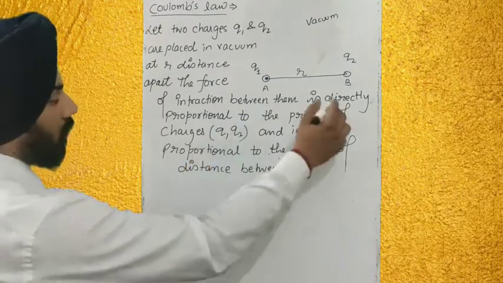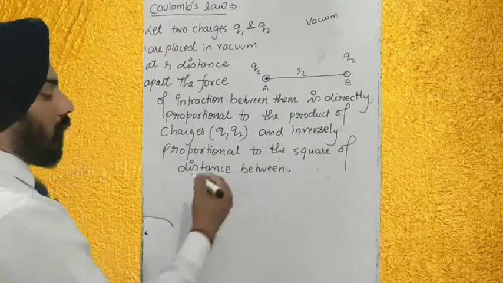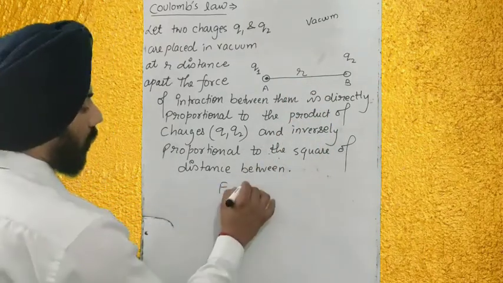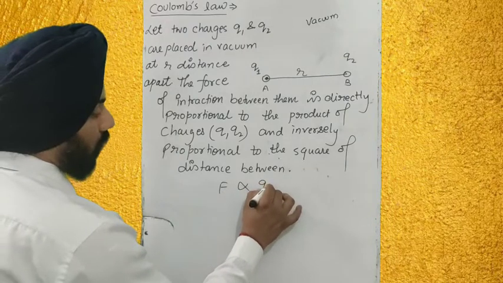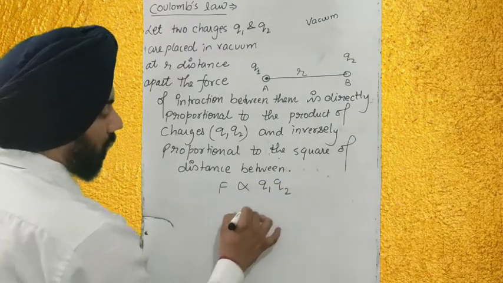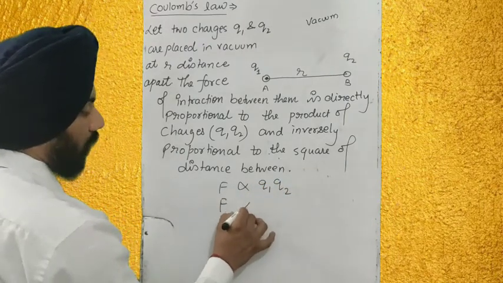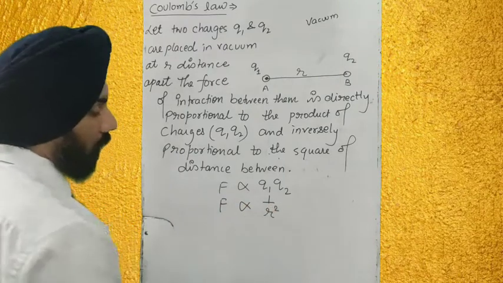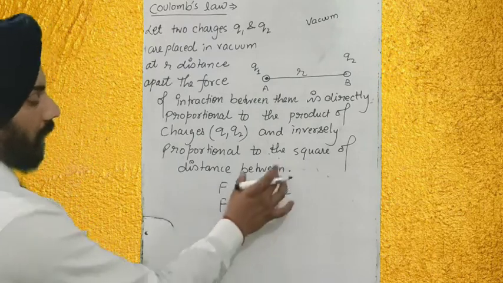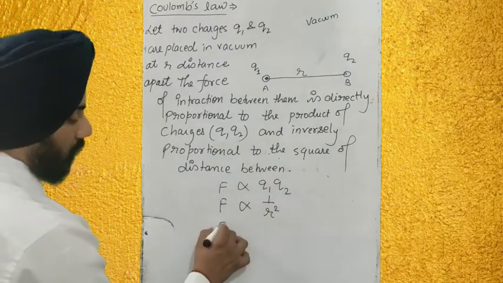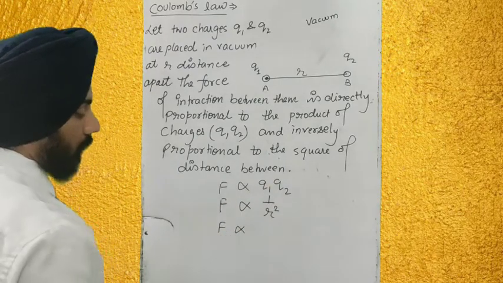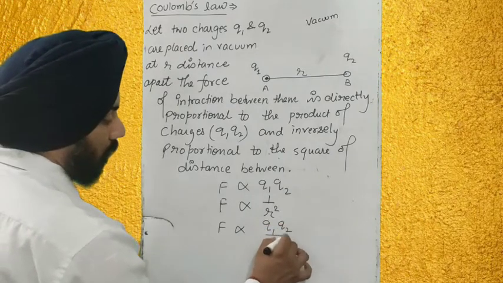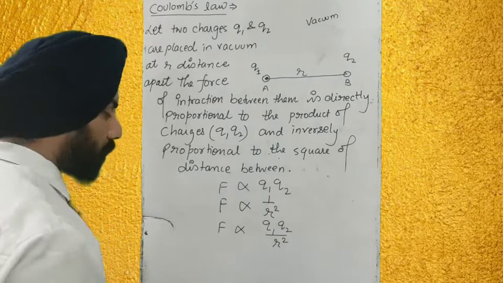So according to the statement of Coulomb's law, we will write the mathematical expression: force is directly proportional to the product of charges and inversely proportional to the square of the distance between them. Combining these two, we get force is proportional to Q1 Q2 upon r square.